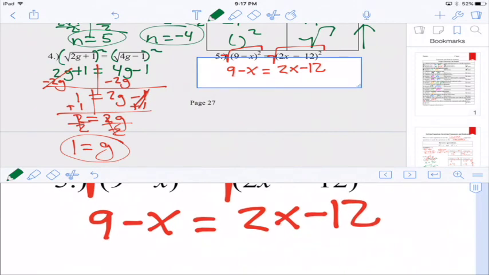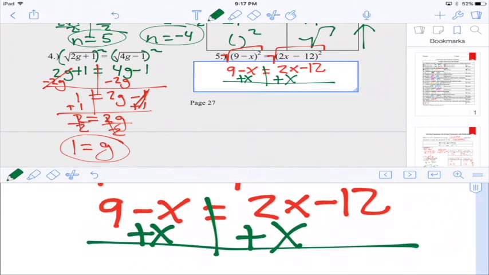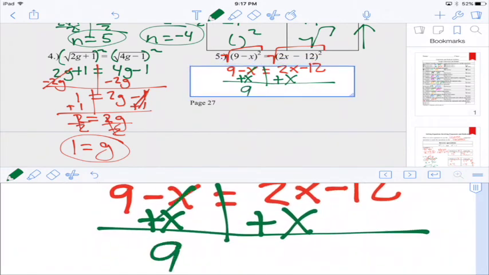So I'm going to remove my minus x by adding an x to my left-hand side. Negative x plus x will give me 0. But if I add an x to my left side, I have to add an x to my right side. So I get 9 equals 2x plus x, 3x minus 12.